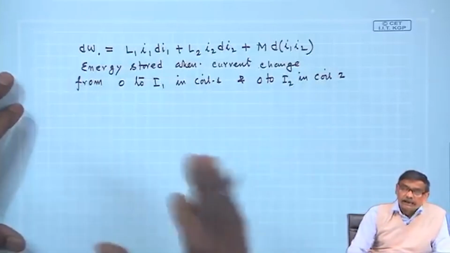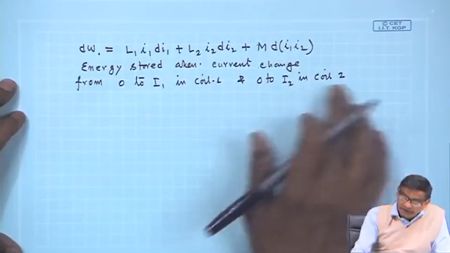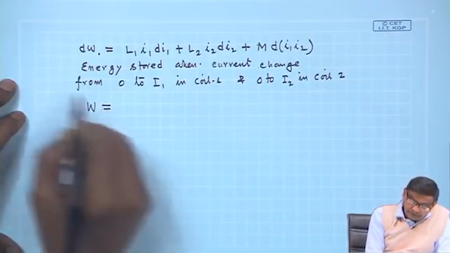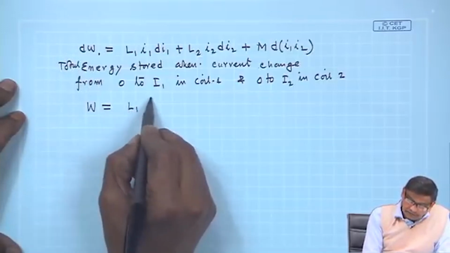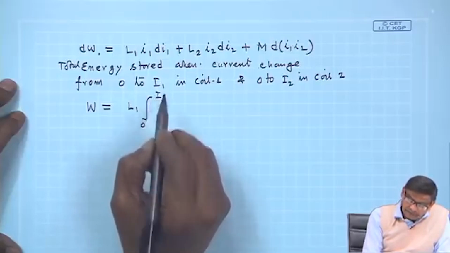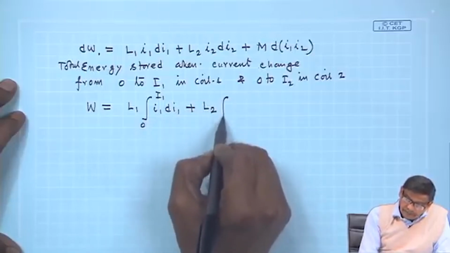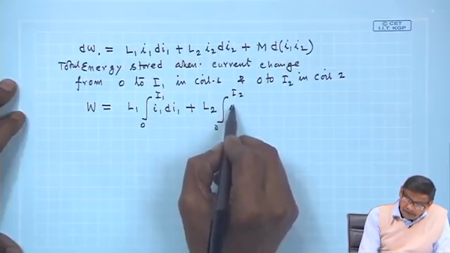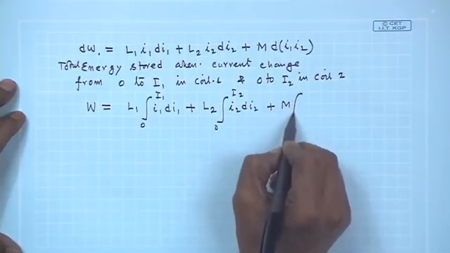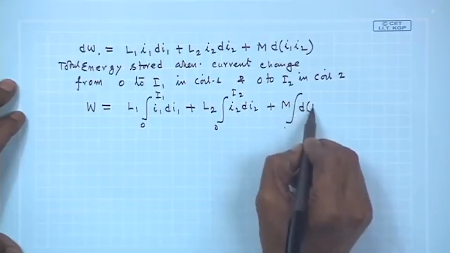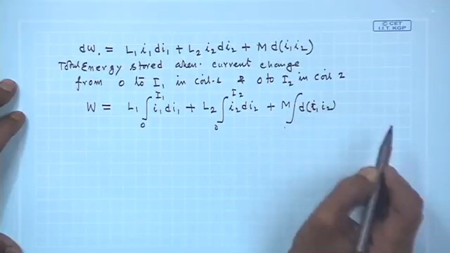In a particular time interval, if current changes 0 to I1 in coil 1, 0 to I2 in coil 2, then total energy stored will be equal to L1 integral 0 to I1 I1 dI1 plus L2 integral 0 to I2 I2 dI2 and plus m integral of d of I1 I2.